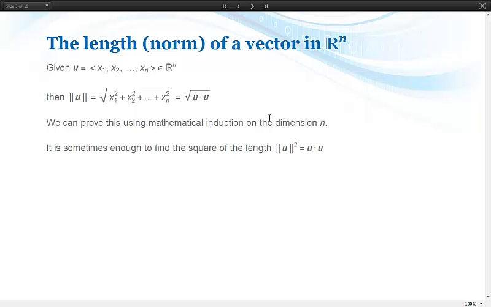Now, often when we're computing elements geometrically, it's enough to know the square of the length instead of the length. When we do this, we can avoid the square root and compute the square of the length as simply the dot product of a vector with itself. This can be handy. It can give us exact answers without the need to take square roots.